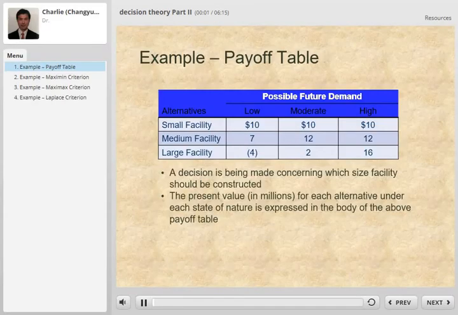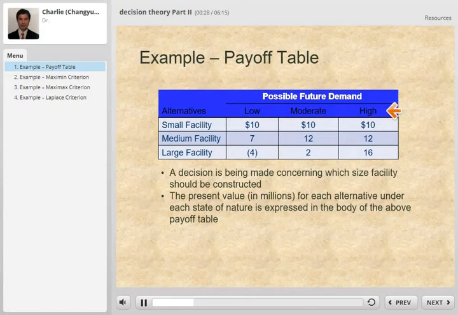So here's the example. There are three different alternatives. That means we can choose a small facility, we can choose a medium-sized facility, we can choose a large facility. Okay, the future demand can be low, can be moderate, can be high.